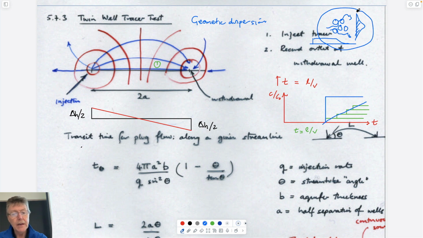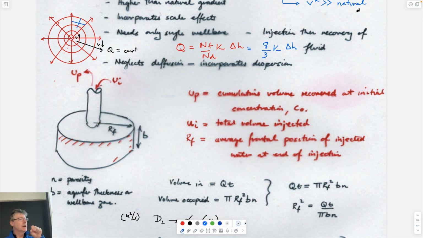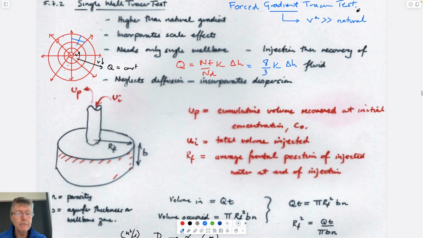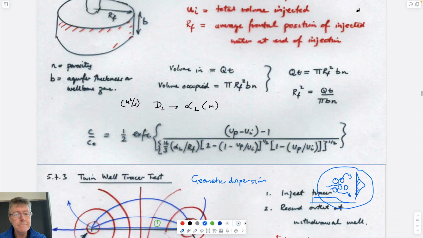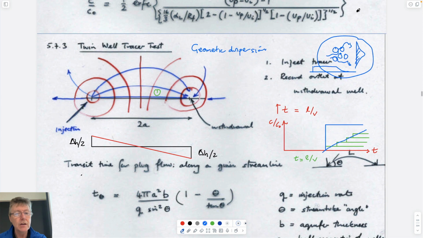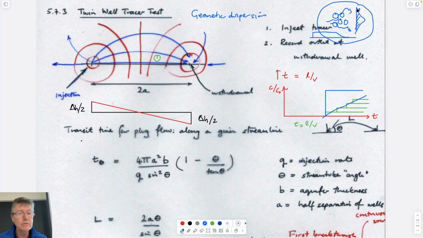In the field, if you use push-pull, huff and puff tests, they're sometimes called, you inject and you recover, or injection recovery tests or single well tracer tests, they don't give you a very good result because of this geometric dispersion and for the fact there are the large velocity gradients. And also twin well tracer tests don't give you a good result, again, for geometric dispersion. And also because the flow velocities are much larger than in reality, in situ.